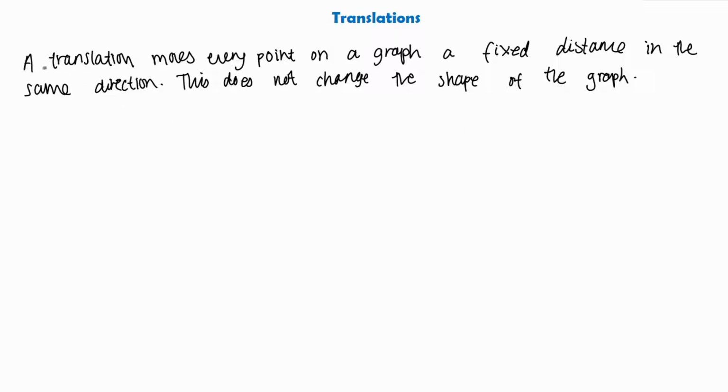So what we're saying here is that a translation will simply move every point along the graph a particular distance. Every point will move the same distance in the same direction. And we say that this does not change the shape of the graph, so it will always look the same.